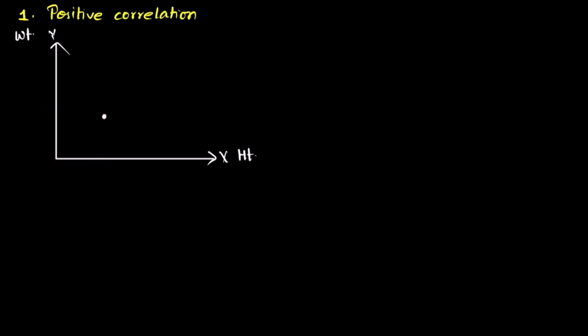Similarly, I plot dot for many other people in the sample. If I use a single line to represent all of these dots, it will come out to be something like this. In this case, the slope of the graph is positive. That's why this is positive correlation.